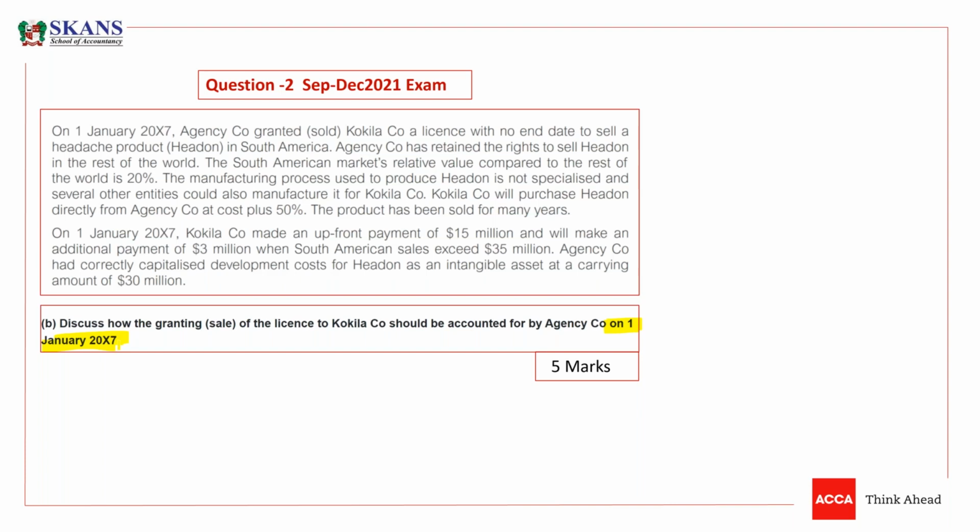Now, why this line is mentioned, I'm going to highlight this area as well. Kokila company will purchase Head-on directly from agency company at cost plus 50%. The product has been sold for many years. So listen carefully, guys. In this transaction, agency company is actually making a contract of 2 items.